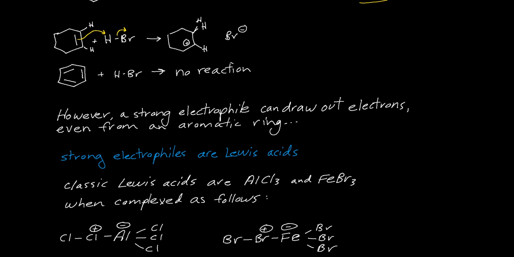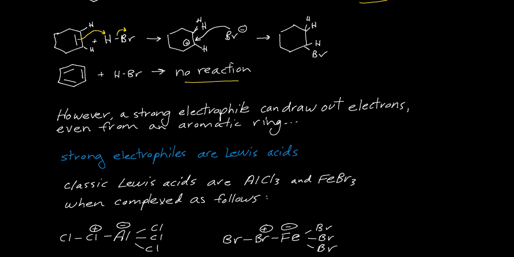Then bromine can come back in and give you the addition of HBr across a double bond. With benzene, no reaction. And that's due to the extraordinary stability of the benzene ring.